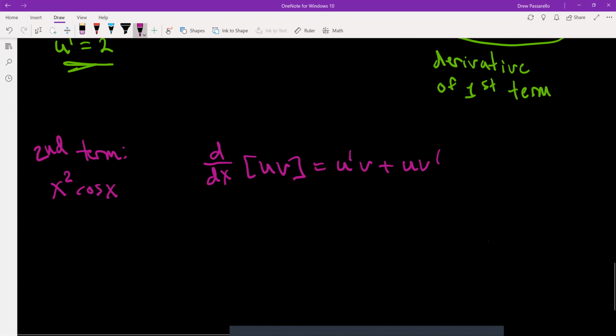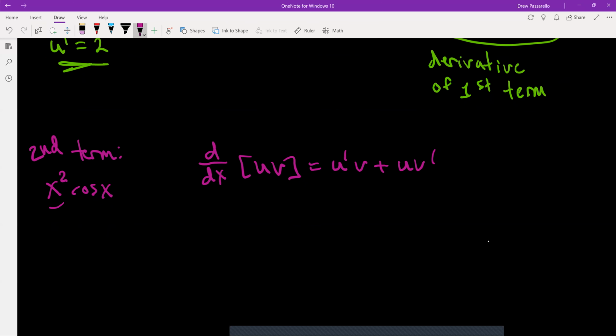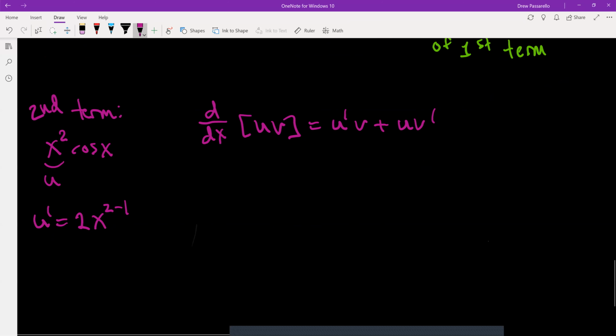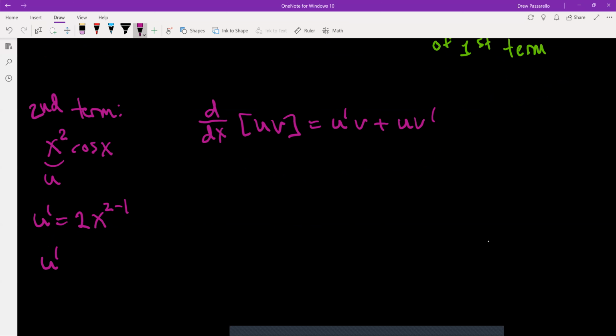So for the x squared cosine x, I'm going to let u be x squared. So that means u prime, using the power rule, drop the 2 down, so it's 2x to the 2 minus 1, which is just 2x. Now v is cosine x, and the derivative of cosine is negative sine. So v prime is negative sine x.